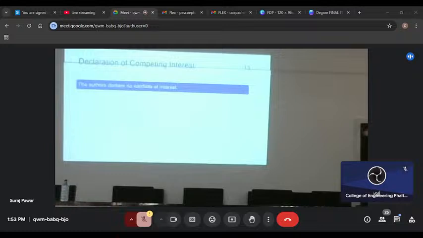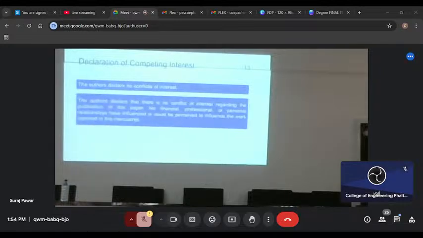But sometimes, unfortunately, this also happens. That is why we have plagiarism checks. If you copy the same setup, take someone's setup and put in their image, that is a conflict of interest. Okay. The author declared that there is no conflict of interest regarding the publication of this paper.